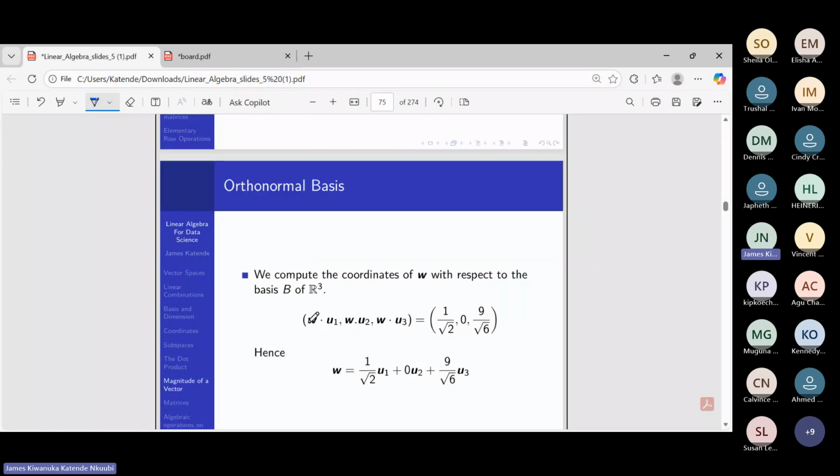If I want alpha 1, the first coordinate, it will simply be the dot product of W with U1, which is 1 over root 2. You can double check that. I hope they are correct. Then W with U2 gives alpha 2, which turns out to be 0. Then W with U3 gives 9 over root 6, and that gives you alpha 3.